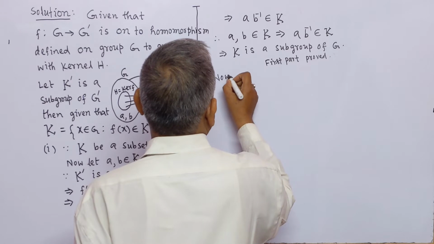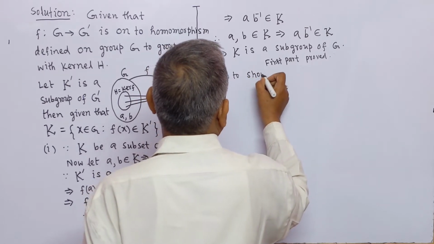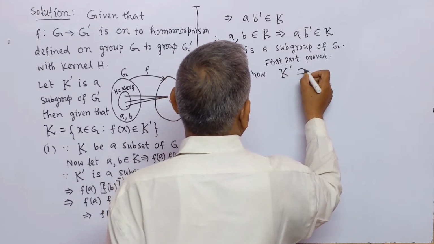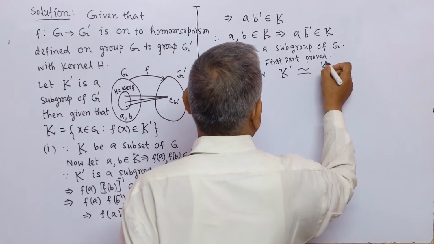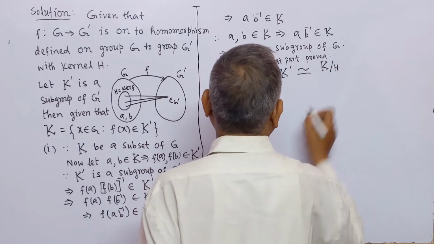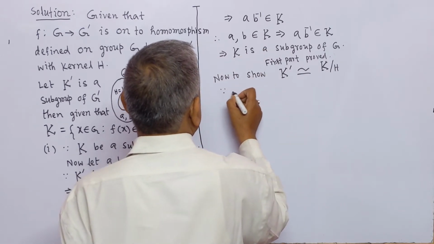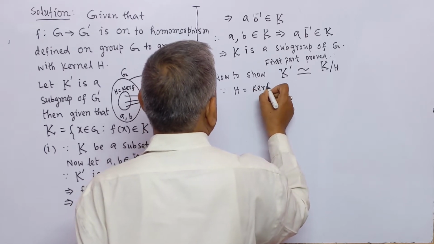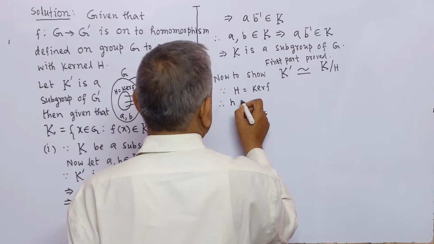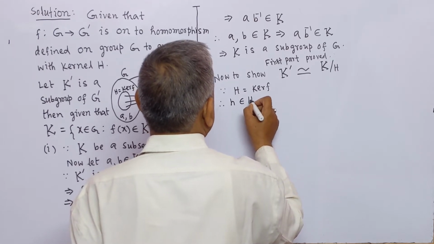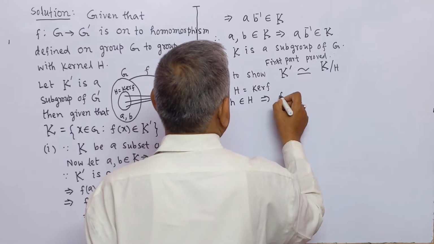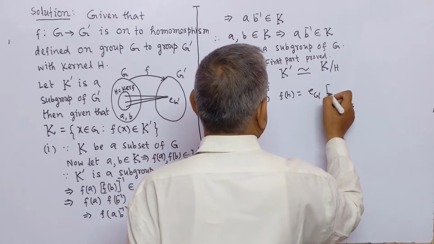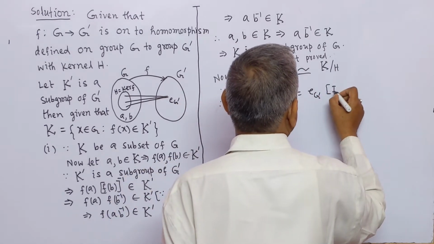Now to show K prime is isomorphic to the quotient group K by H. Since H equals the kernel of F, therefore small h belonging to H implies that F(h) equals e_G prime, where e_G prime is the identity element of G prime.